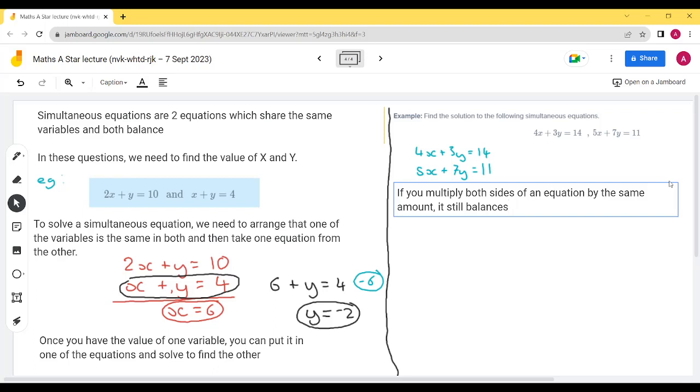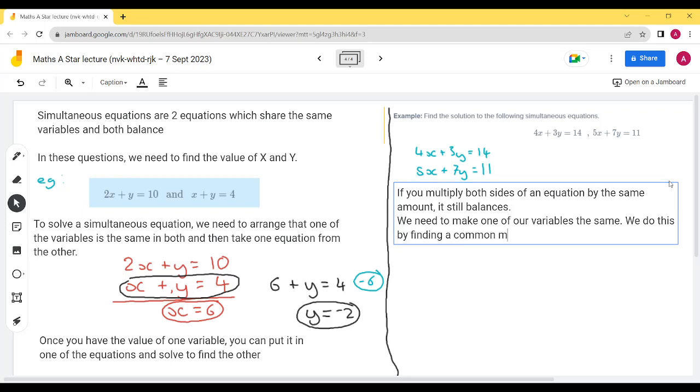So if you multiply both sides of an equation by the same amount, it still balances. We need to make one of our variables, say either x or y, the same. We do this by finding a common multiple of x or y.